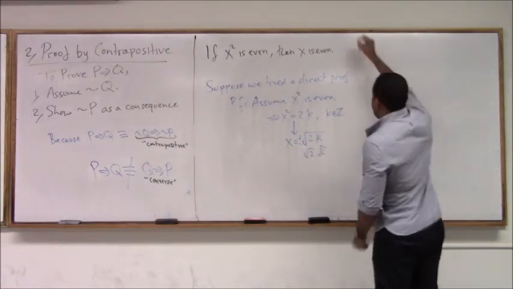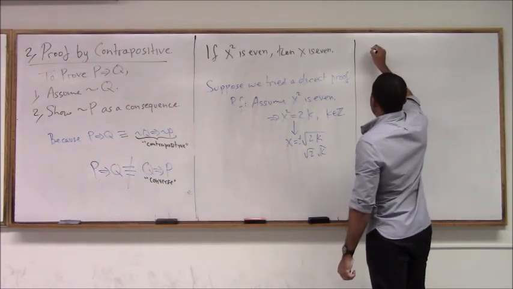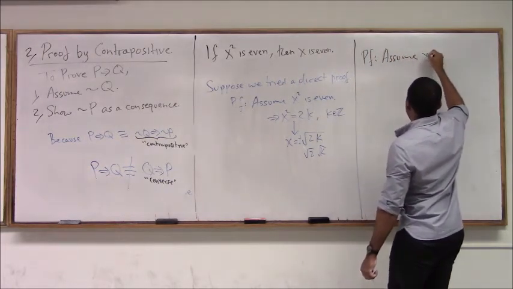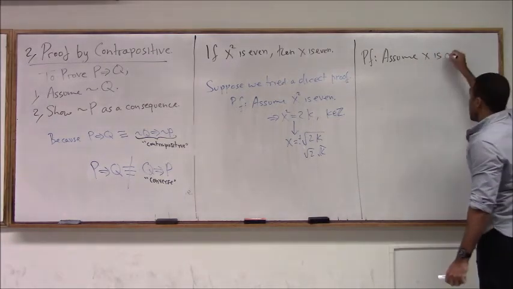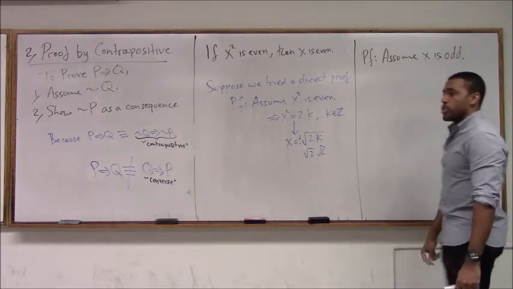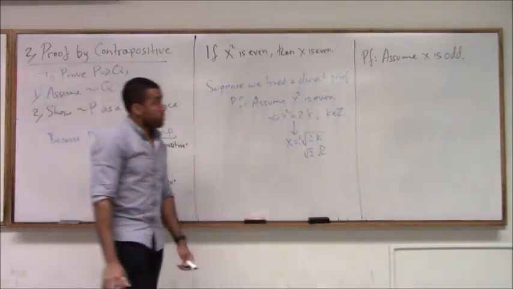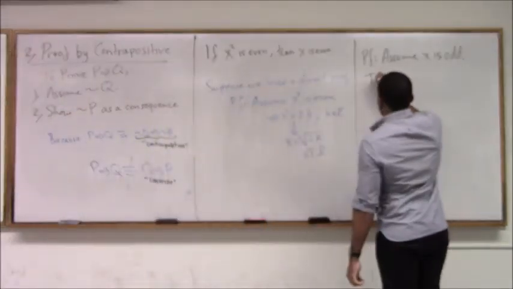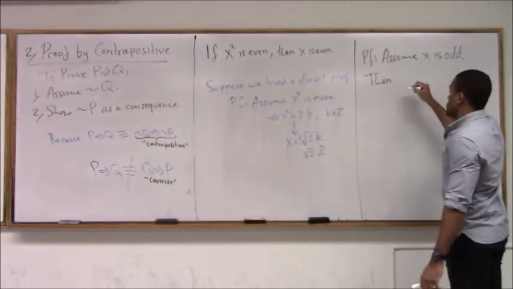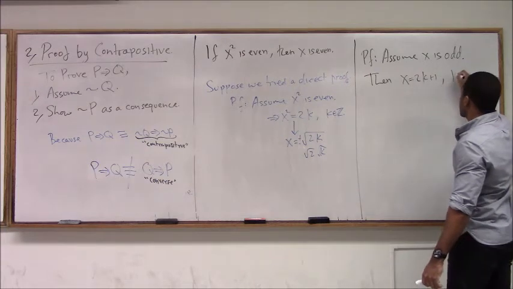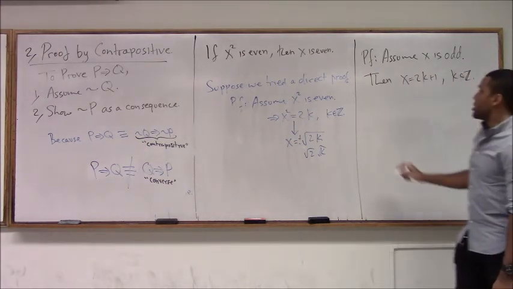So instead here, I would start the proof by assuming x is what? Odd, right? As in I would assume x is not even. All integers are either even or odd. Then what does that mean? x is 2k plus 1 for some integer k.